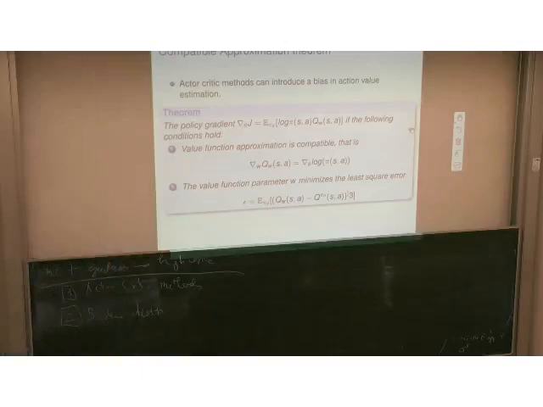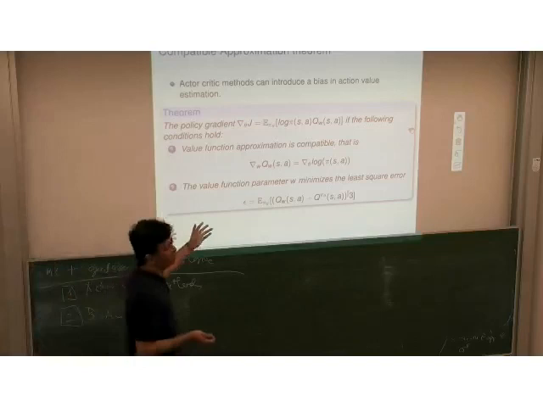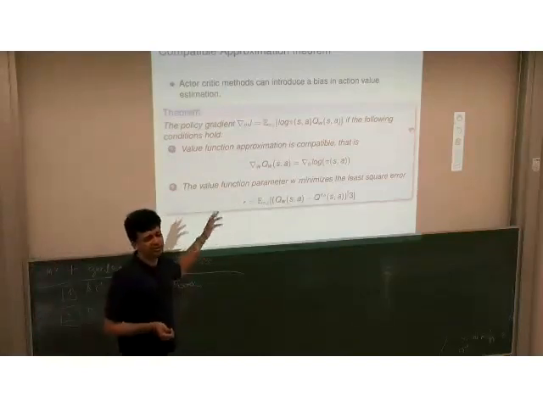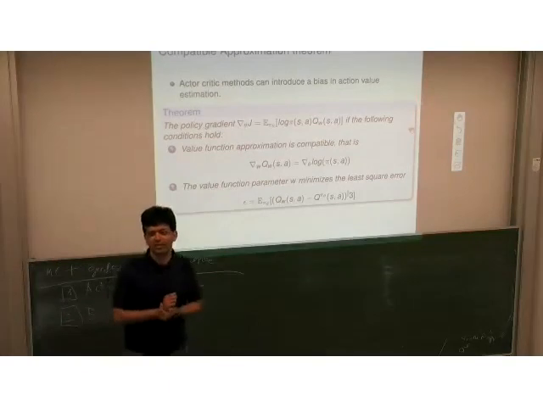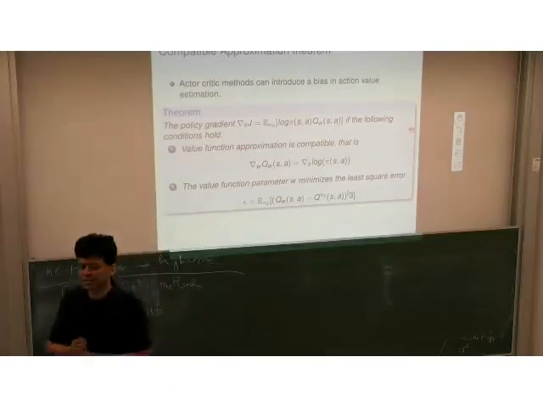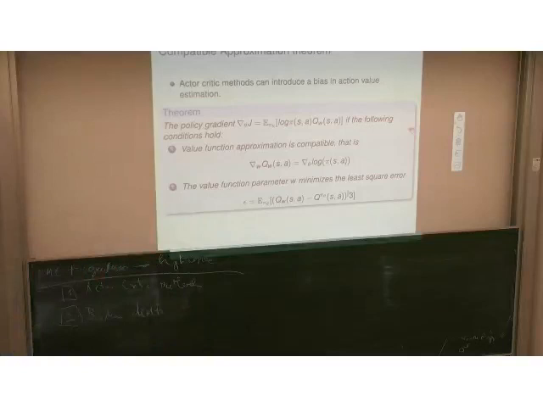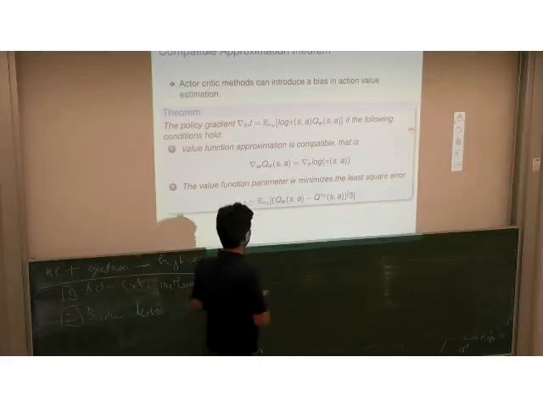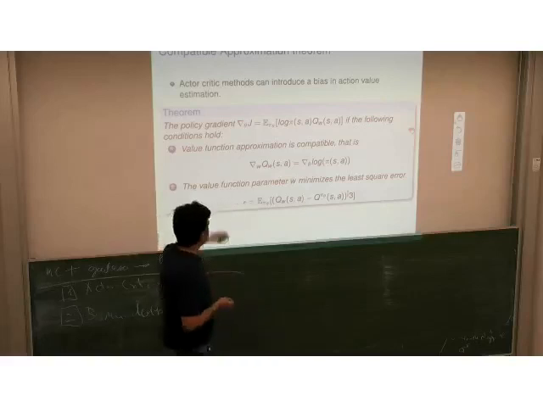And so the second condition is more or less obvious. It says if you want good results for the policy, you better have good results for the Q value that you're using to change your policy. The first part is slightly less obvious, but as soon as you see the proof, it will become clear. So I will actually show you a proof of this.